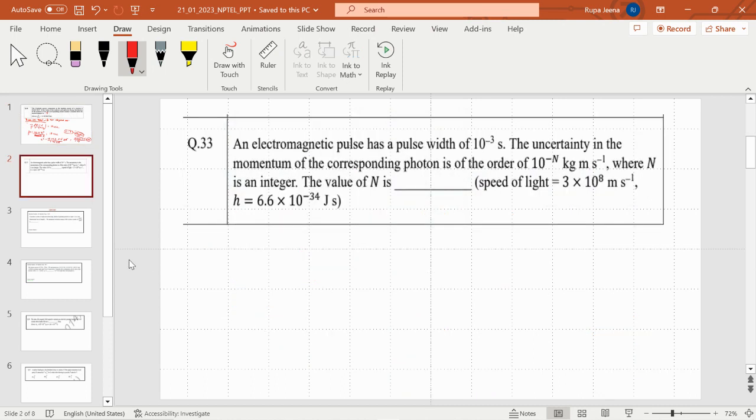Now do this question, I'll give you a hint. It is based on the Heisenberg uncertainty principle.